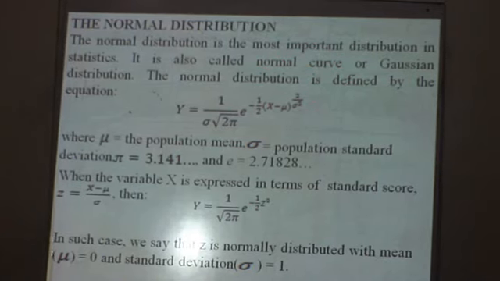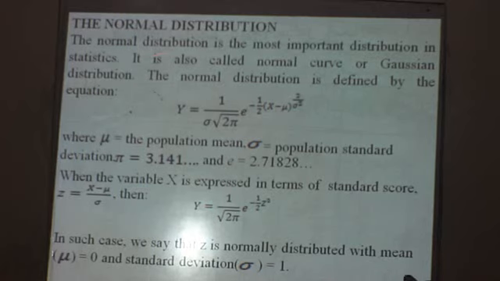Now, mathematically, it is defined by the equation y equal to so and so. I think it will take long, so just observe how the equation is expressed. And this equation describes a curve, a bell-shaped curve.